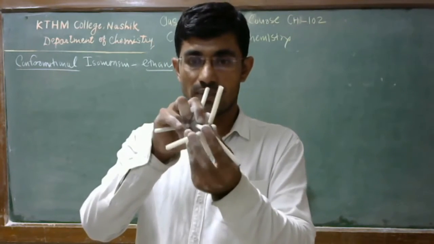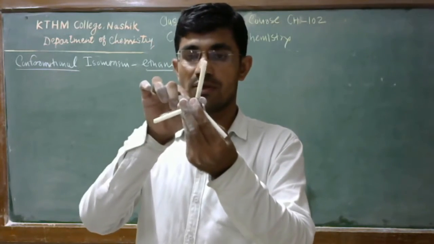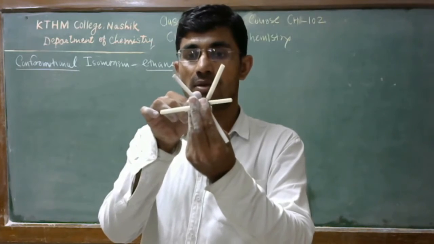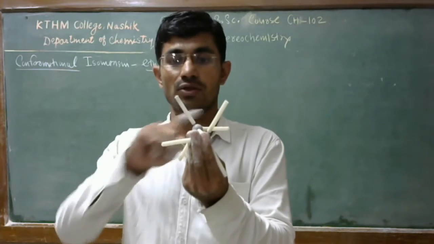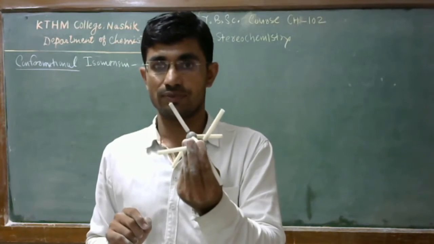This model is the eclipsed conformation. If you rotate one carbon by an angle of 60 degrees, we get the staggered or anti-conformation.